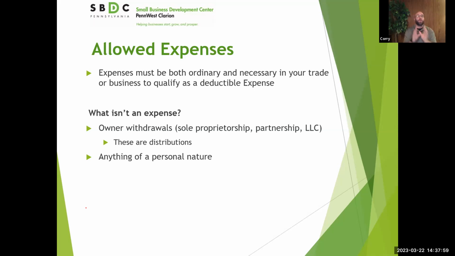Remember, owner's withdrawals or draws, whatever you might want to call it, are on your balance sheet in the equity account. Your draws affect your equity, your balance sheet, and they also affect the cash flow statement, which we haven't talked about yet. But your draws do not affect your income statement.